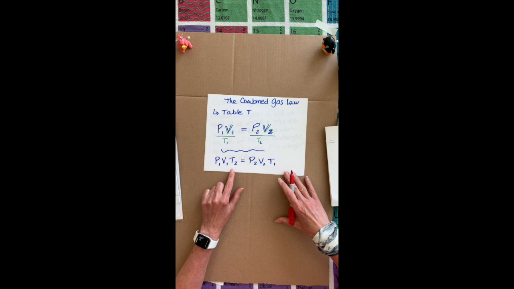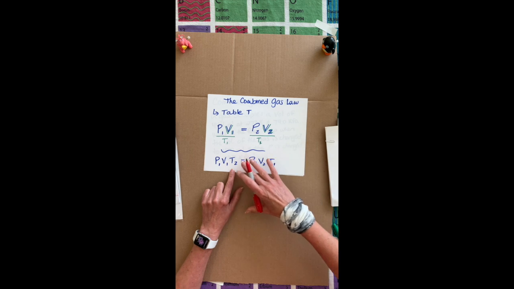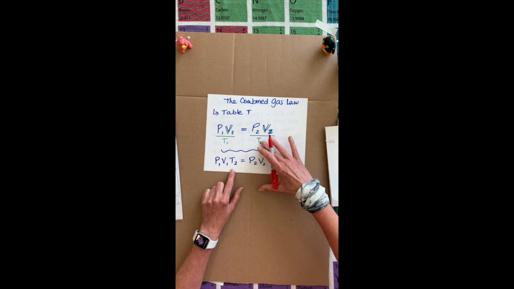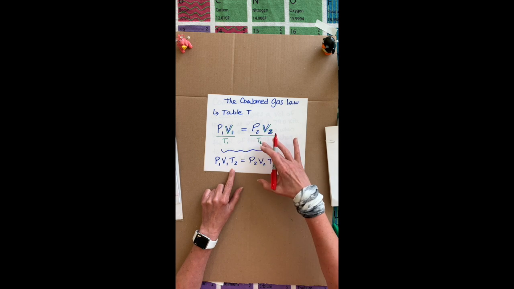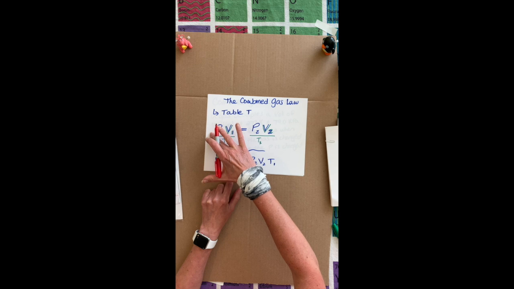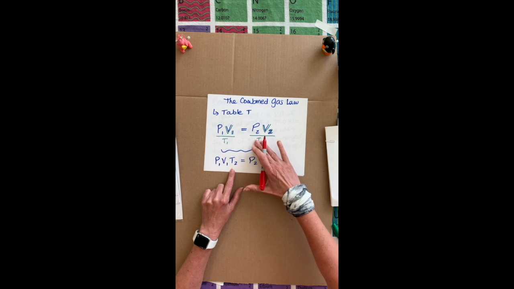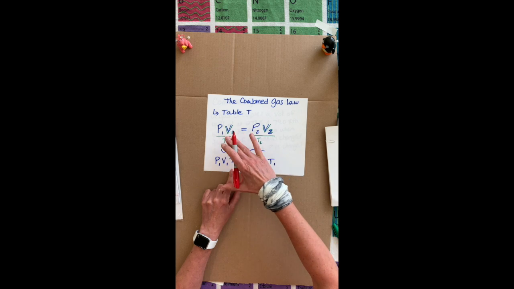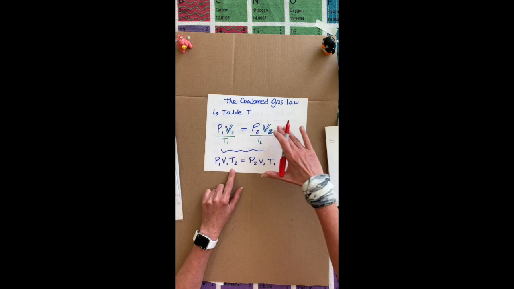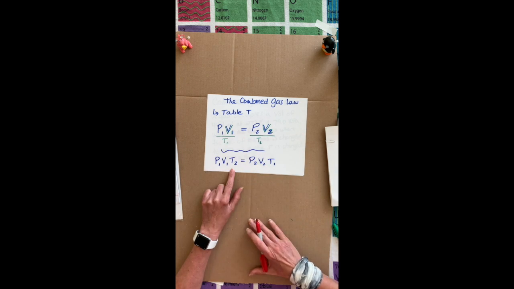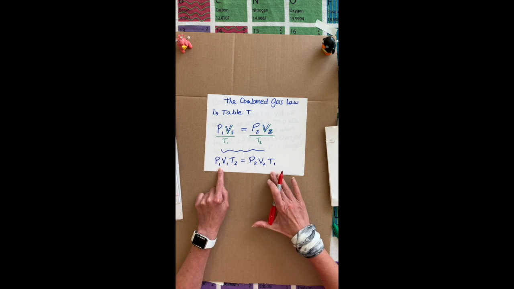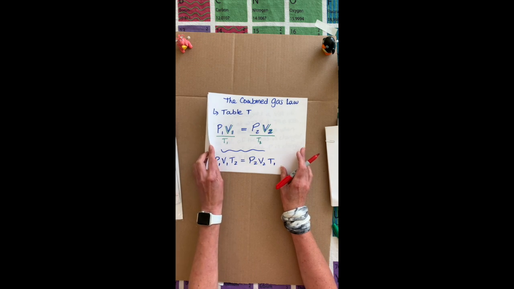Now, algebraically, if we want to isolate T, the temperatures, we can multiply this side of the equation by T2 to eliminate the denominator. And likewise, we can multiply this side of the equation by T1 to eliminate that denominator. And we end up here with this.